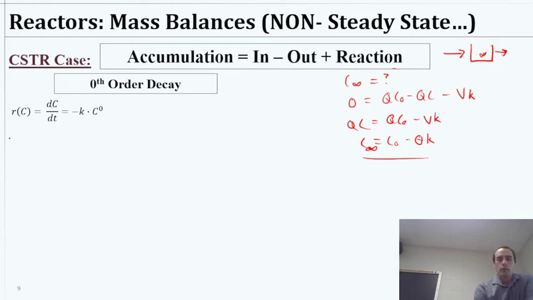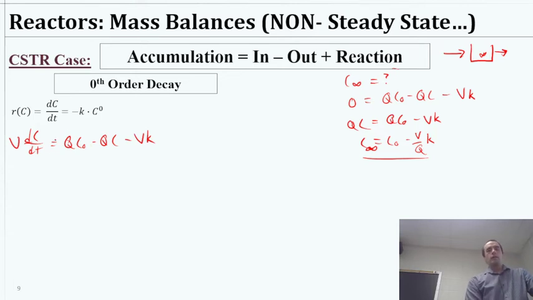Okay, so with non-steady state, we have V dC/dt equal to QC naught minus QC minus VK. So we can go ahead and, well, we could divide everything by V here, although if we're looking to get a value with theta K, that might be the simpler way to think about it, or perhaps V over Q, could rewrite it, either one.